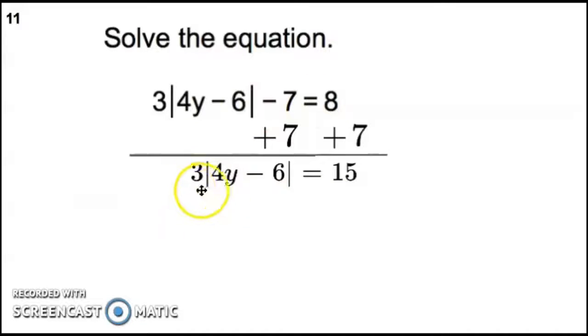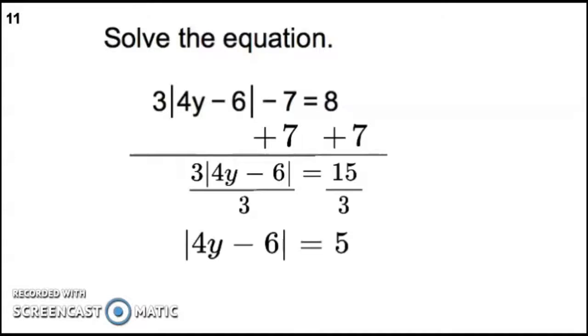Now, to get this absolute value by itself, we need to move this 3. Now, we cannot distribute in absolute value. We've got to undo the operation, so we would divide. Remember, do not distribute the 3 in. So we divide both sides by 3. So that would leave me with absolute value of 4y minus 6 equals 5.